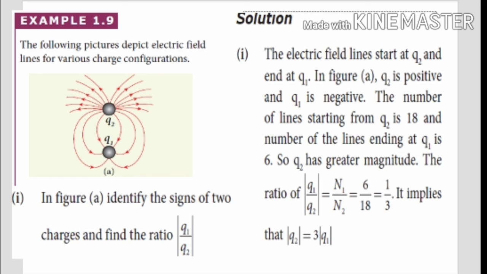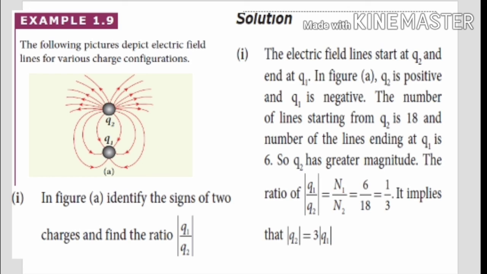From this, it is understood that the charge Q2 is positive and the charge Q1 is negative. Next we have to find the number of lines emerging from the charge Q2. Count the lines which are emerging out from the charge Q2. There are 18. Similarly, we have to check the number of lines entering the charge Q1. Here, the number of lines entering the charge Q1 is 6.